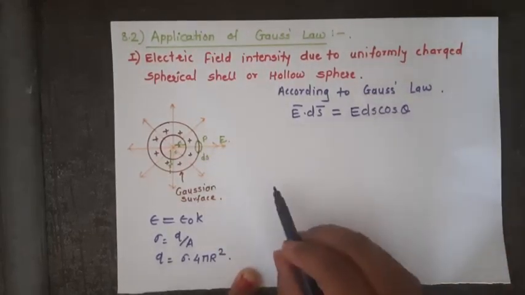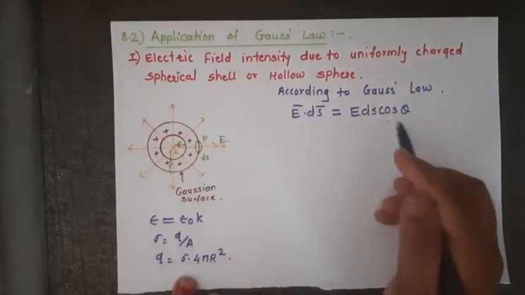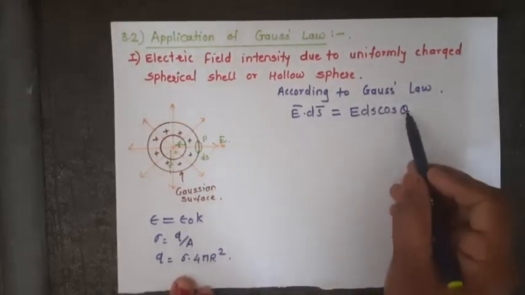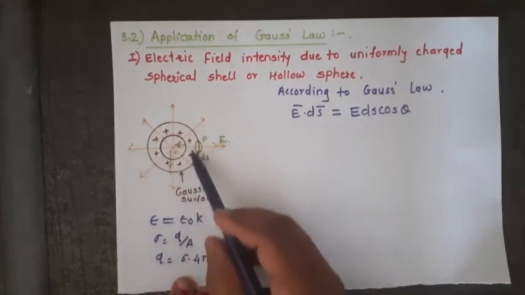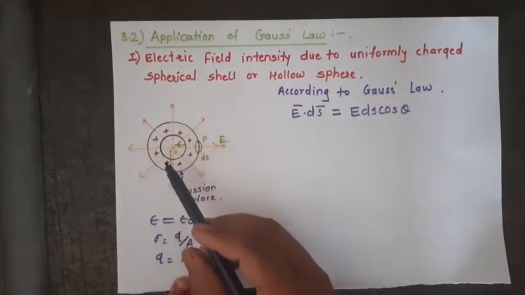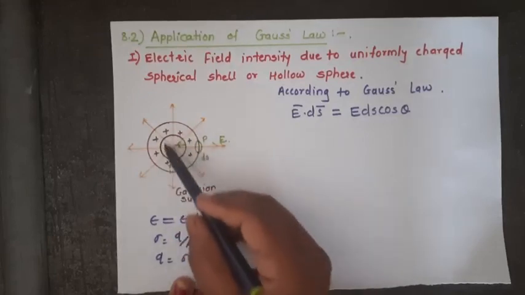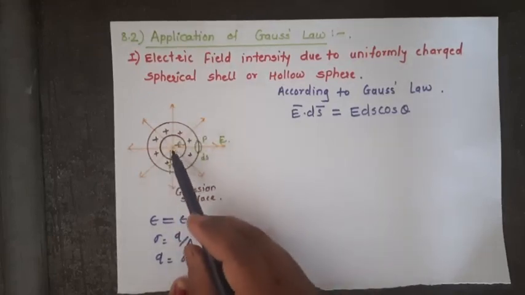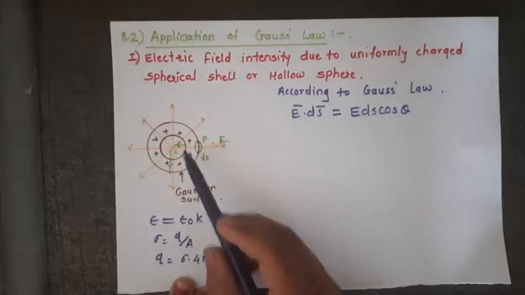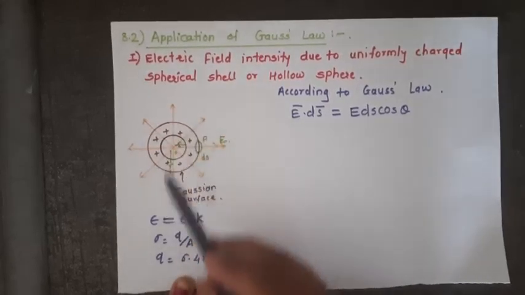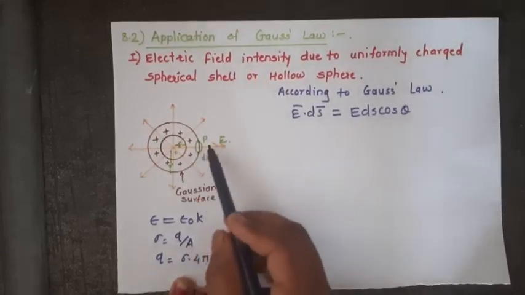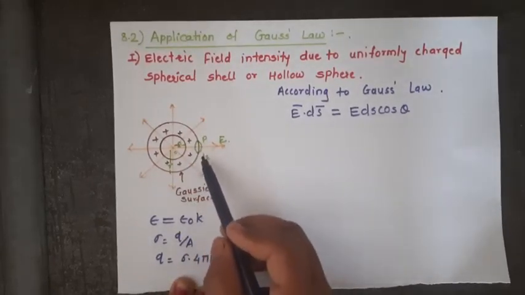What is the value of theta? Because of the positive charge on the sphere, the electric field is directed outward.